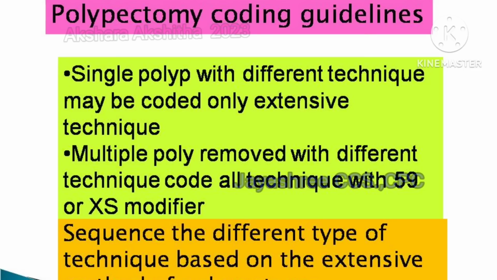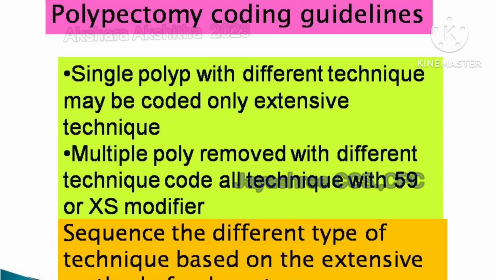For exam purposes, I can tell you which techniques are more extensive. For the job, when you are working, you can identify which technique is the more extensive procedure yourself, because when we enter the CPT code, a dollar value will be there.